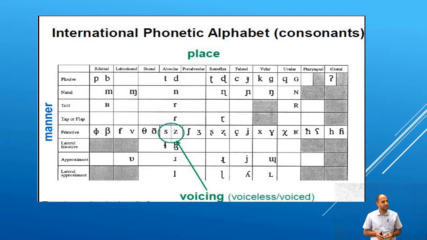On the left side, we have manner of articulation. As I said, this is how the air is constricted, and the third criterion is voicing, whether the consonant is voiced or voiceless, depending on whether there is vibration in the vocal cords or not.